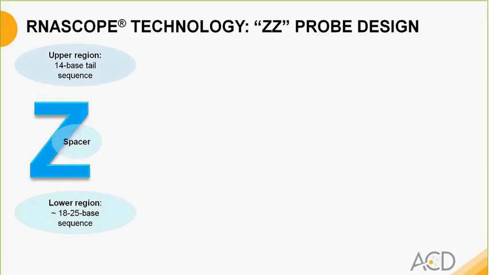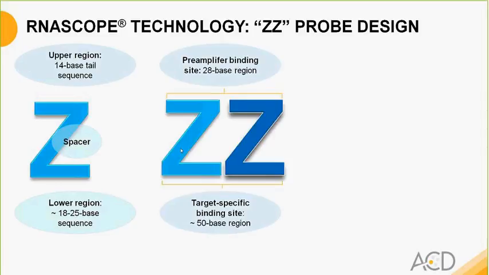Returning to the probe design, the technology is based on the use of Z-shaped oligonucleotides composed of a lower region of approximately 25 base pairs, which are connected through a spacer region to an upper tail region shown here. When a pair of Z probes hybridize next to each other on a target-specific region of an RNA molecule, this region being about 50 base pairs in length, a so-called pre-amplifier binding site is created with the upper regions of the Z probes.